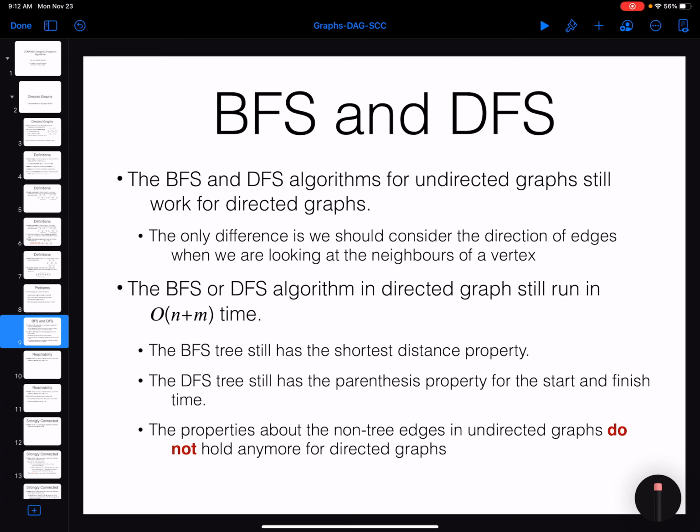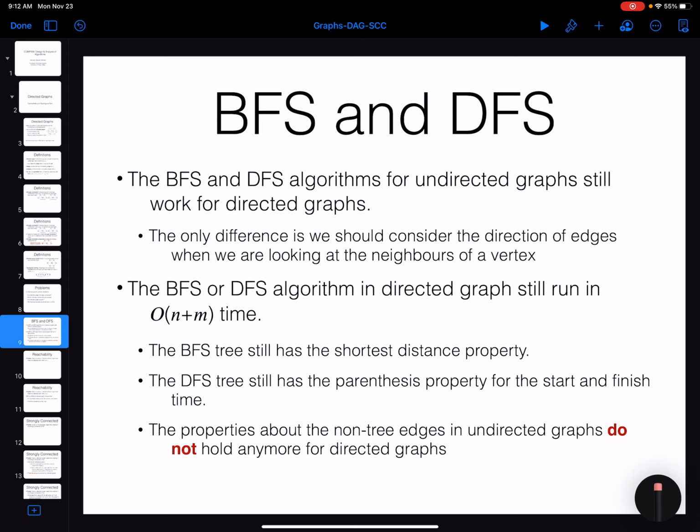The only difference here is that when you are checking the neighbors for a node, for visiting the nodes in both BFS and DFS, you should just consider those nodes that you have an edge to. So just consider the outgoing edges, not the incoming edges, when you are checking the neighbors of a node. Otherwise, there is no difference.